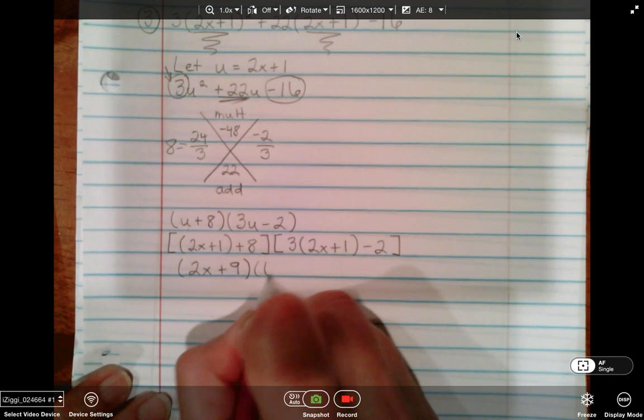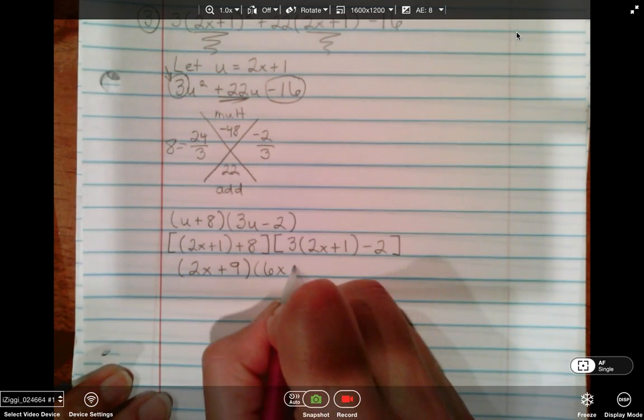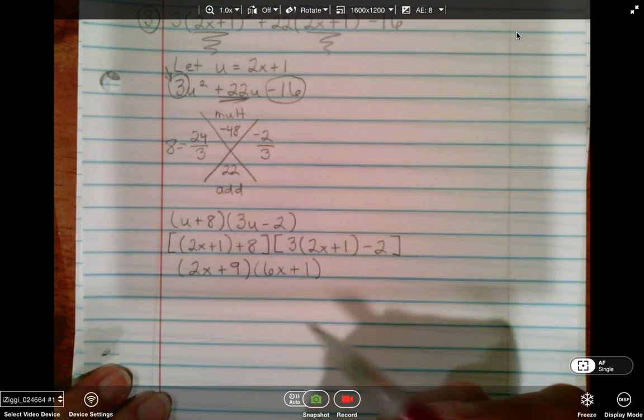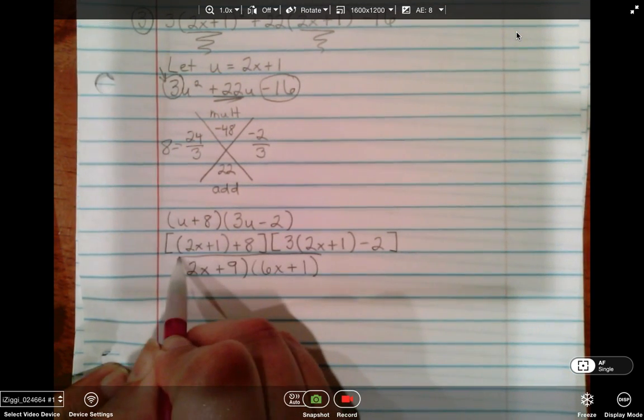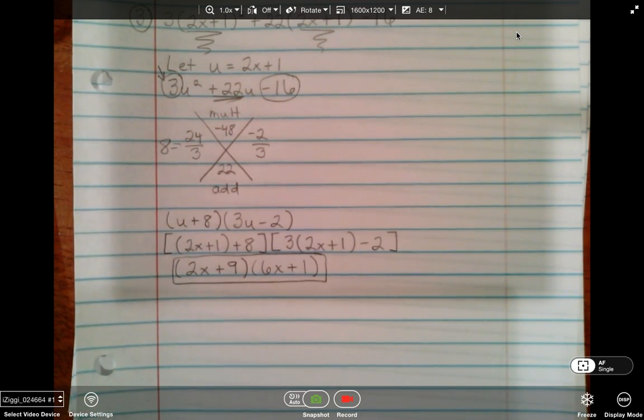So this is going to be 6x, and then 3 minus 2 is 1. So 2x plus 9 times 6x plus 1. And that's our answer.